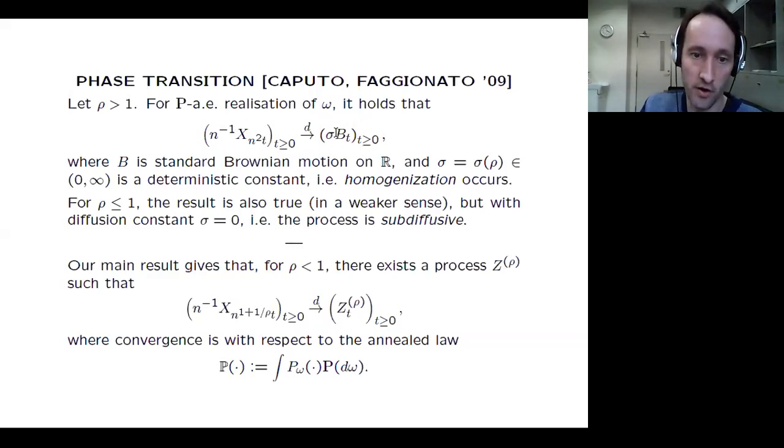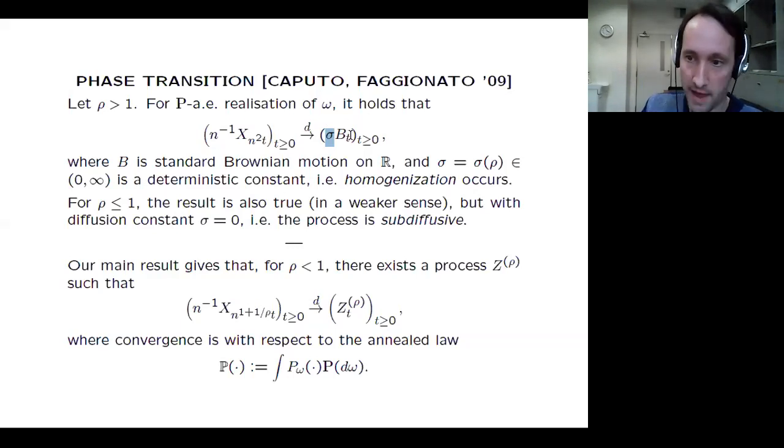And in a sense, the only effect of the randomness is in the diffusion constant sigma, which of course depends on rho, but it's deterministic. So we have a kind of homogenization, where the randomness of the environment evens out in the long time behavior in this regime.